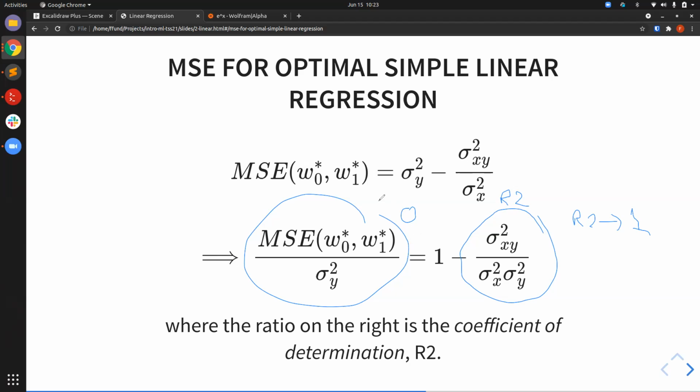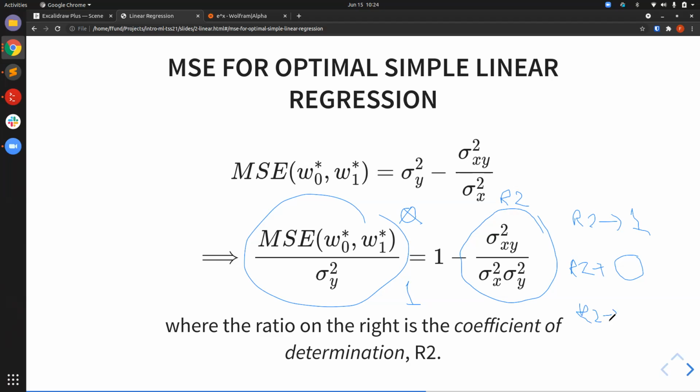If our model has similar error to prediction by mean, then this ratio will be 1. R squared will be about 0, right? So for a very good model, R squared might be close to 1. For a model that's about as good as prediction by mean, R squared might be 0. What about for a model that's worse than prediction by mean?